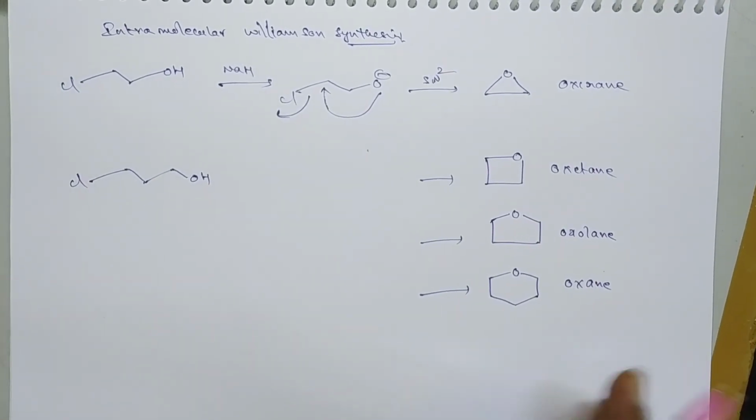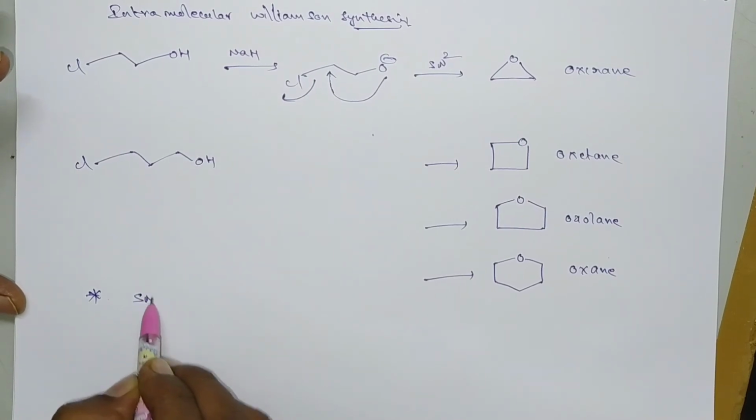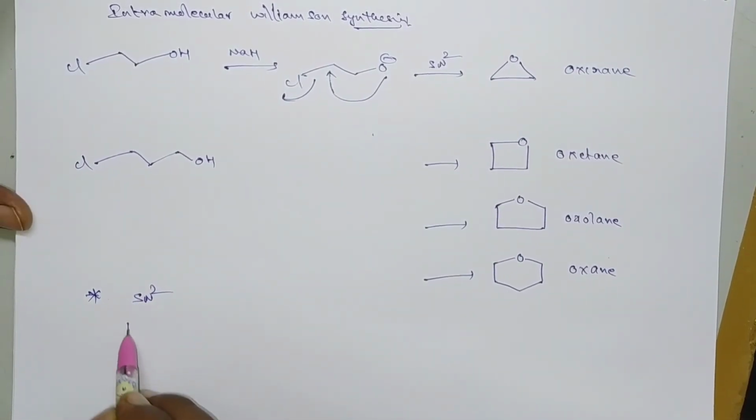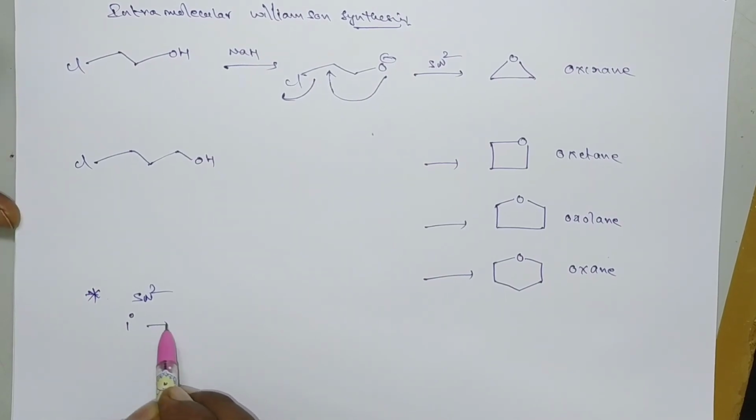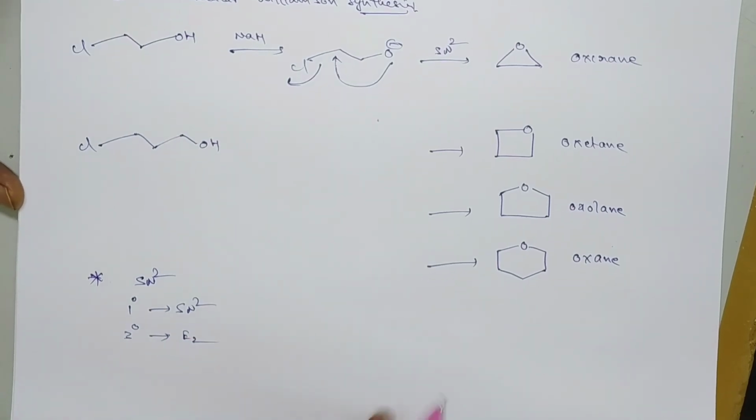So from this Williamson synthesis you have to remember a few points. This reaction takes place through the SN2 mechanism, and if the alkyl halide is a primary alkyl halide, then it proceeds through the SN2 mechanism. If the alkyl halide is a tertiary alkyl halide, then it proceeds through the E2 mechanism. If the alkyl halide is a secondary alkyl halide, then we have to check the strength of the base.